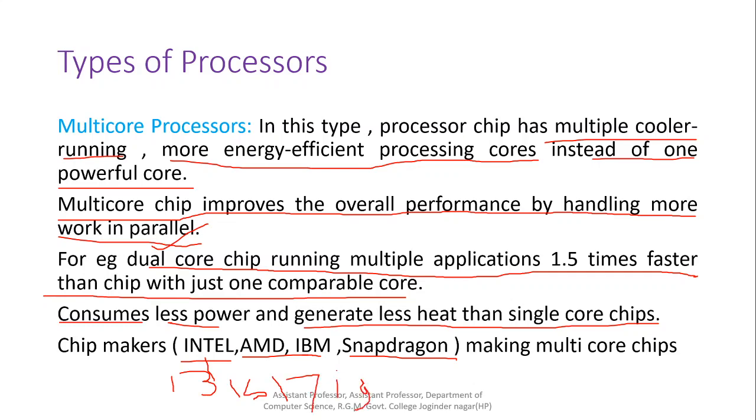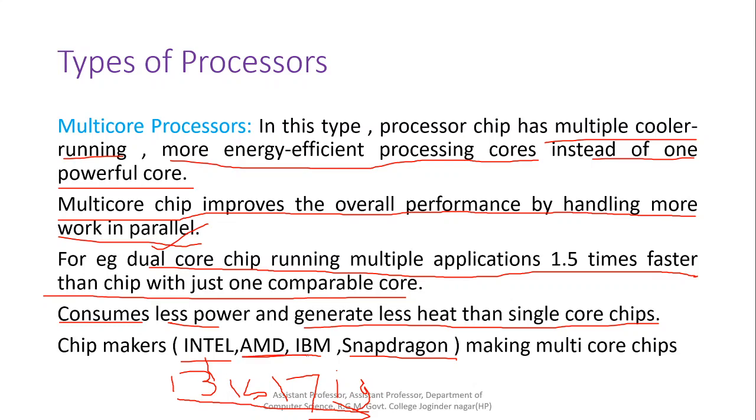Depending upon the clock speed, as each series goes from 3, 5, 7, to 9, the processing clock speed increases and the cores also increase. Like i7 has 8 cores, and i9 has more than that, so their processing speed increases, and as a result they perform better. So i9 performs better than i7, i7 performs better than i5, and i5 performs better than i3.